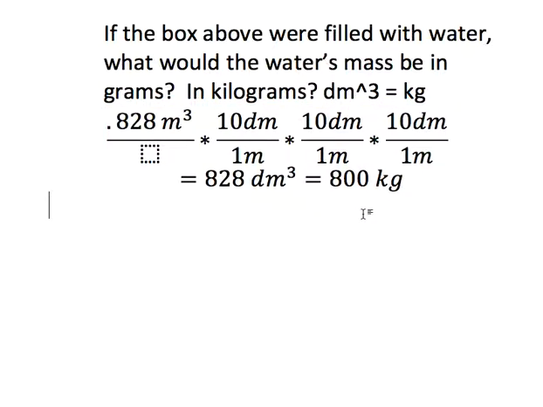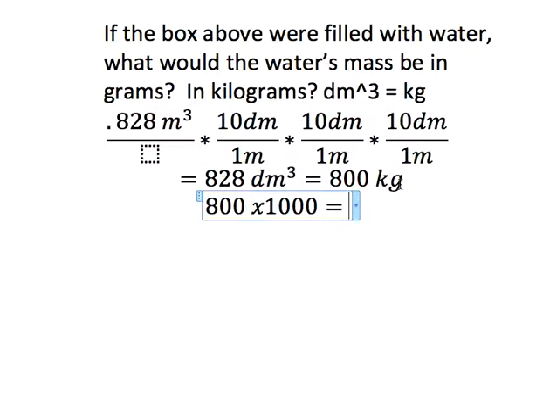And then for the last part of this problem, it asks for what is it in kilograms, or sorry, in grams. Well, we know that it takes 1,000 grams to make a kilogram. So really, my next part of this problem is 800 times 1,000.